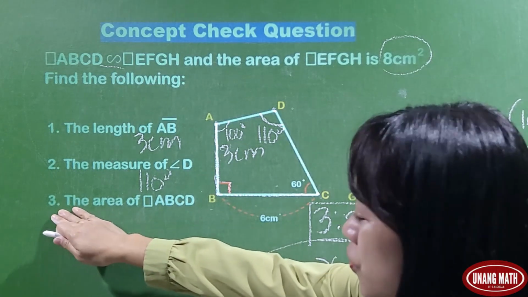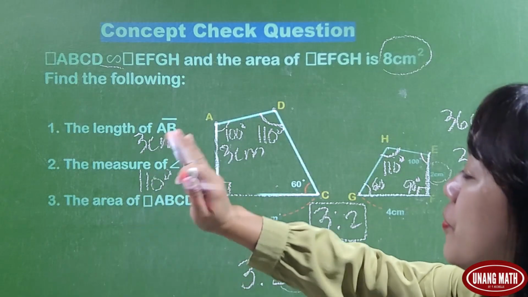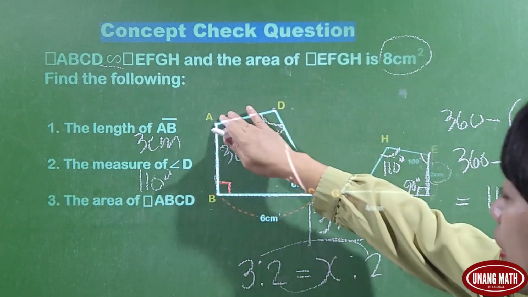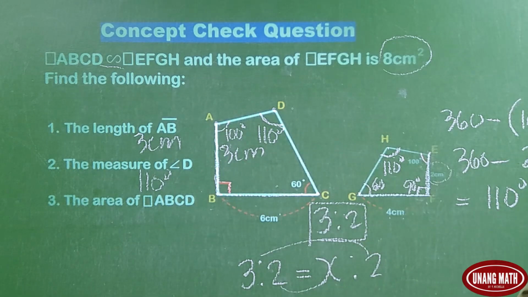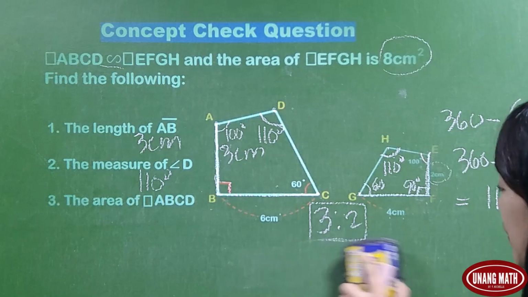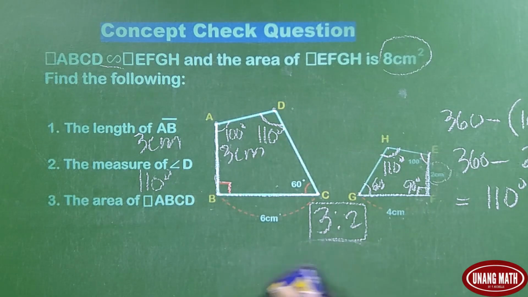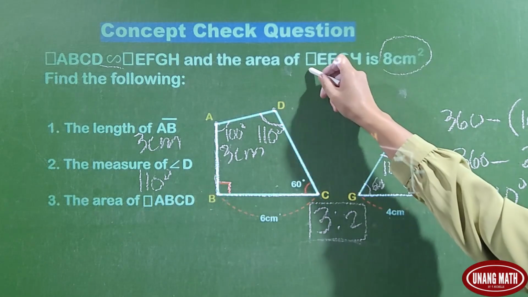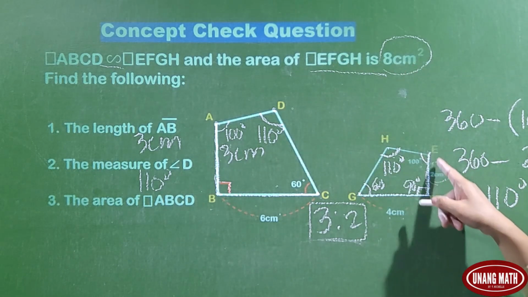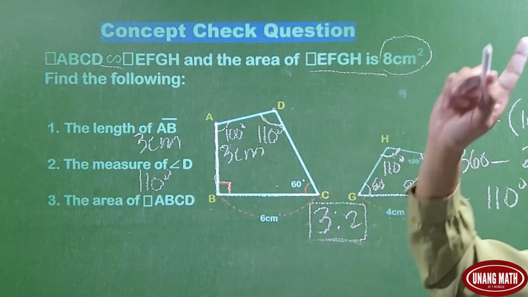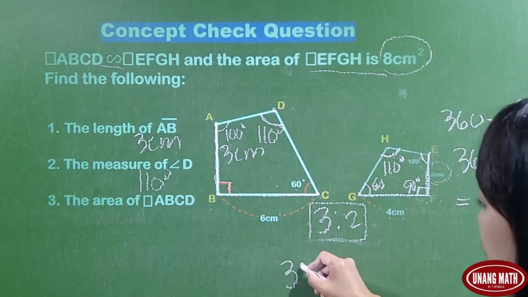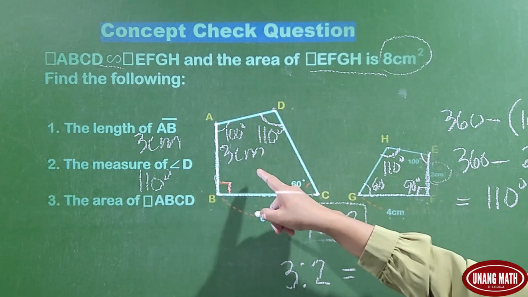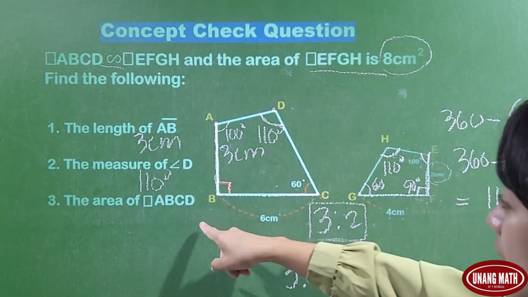Okay, for the last question, what would be the area of quadrilateral ABCD? Since we already know the similarity ratio, which is 3 is to 2, and it's given that the area of quadrilateral EFGH is 8 square centimeters, then 3 is to 2, we are looking for this area.